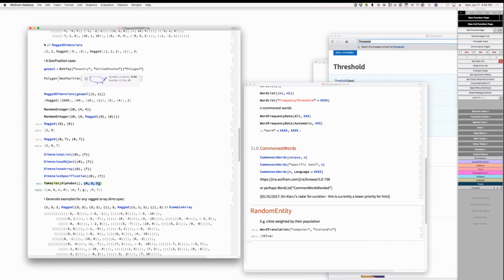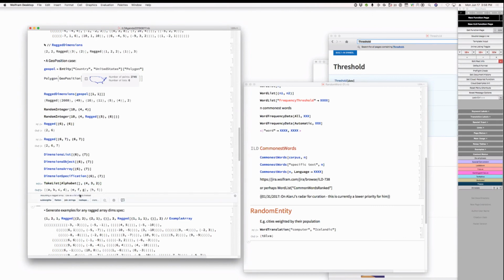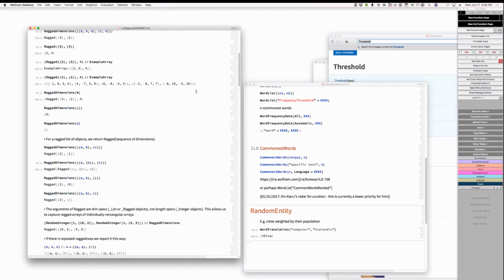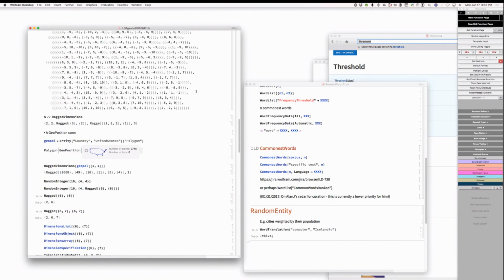I was just pointing out that the function that we were calling ragged partition is finally called take list. I understand, but that also reveals for us, look, there's a very close connection between ragged dimensions and take list. Yes, I do agree. Yeah.